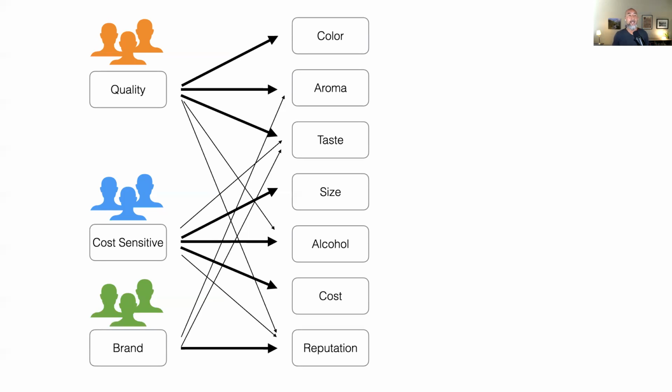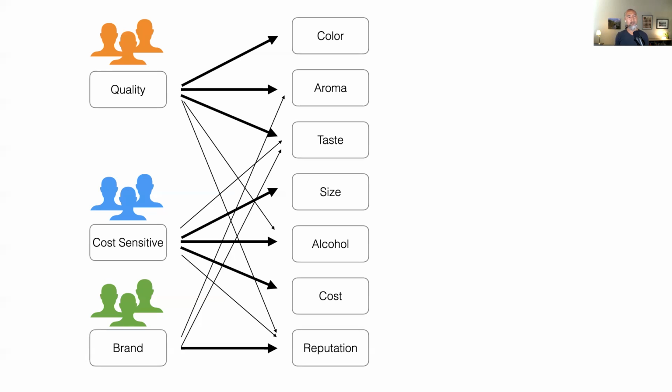Based on how they choose, maybe we can label them. In this case, the top one I label as quality, because they really care about color, aroma, taste. It's more like a beer aficionado, a little bit. So they care about the quality of the beer. The second group, the blue group, cares about the price or cost, so size and alcohol.